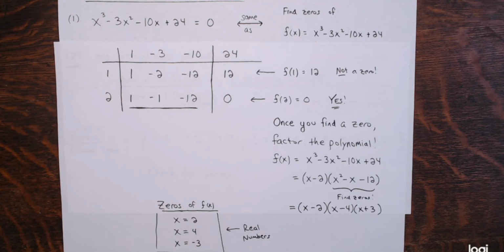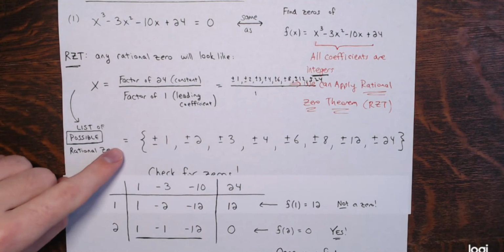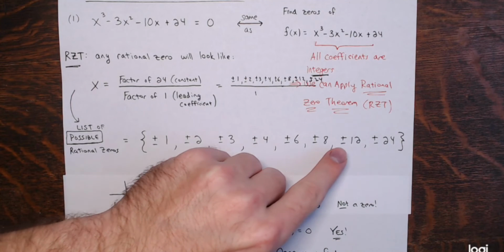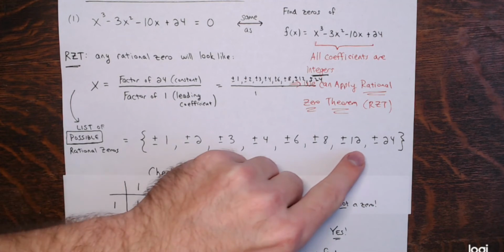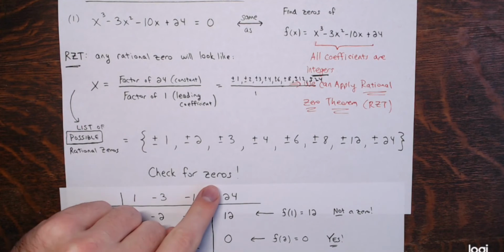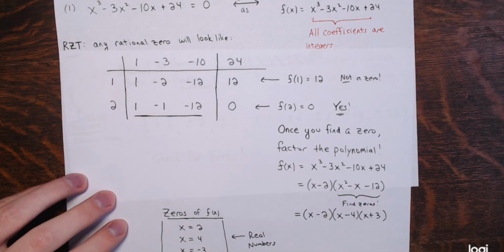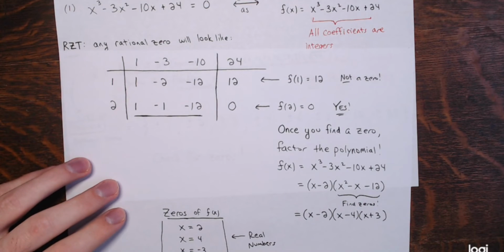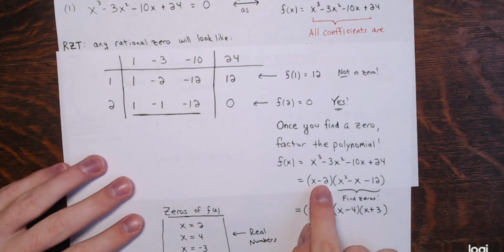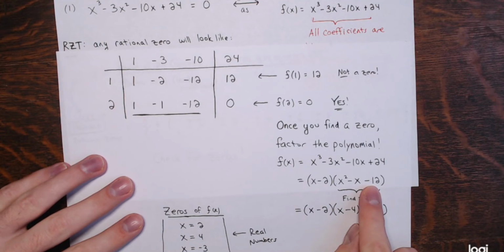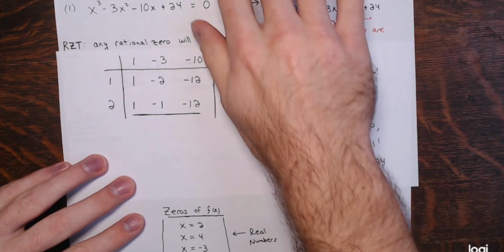Then we apply the rational zero theorem to make a list of all the possible rational zeros the function could have, and then we check that list for zeros, and once you find a zero, use it to factor. You should eventually be able to factor these polynomials down to degree 1 factors and degree 2 factors, linear and quadratic. Linears are easy to find zeros of. The quadratics, you can try factoring further or use the quadratic formula to find the zeros of those. And that's what I'm doing for the rest of this.